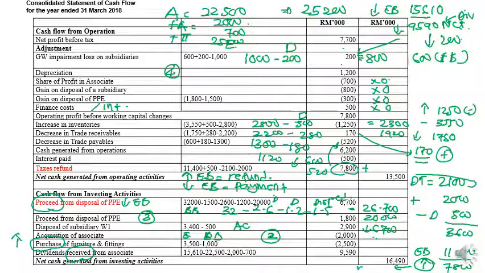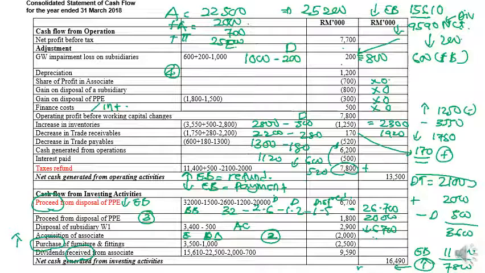Okay, so net profit before tax 7.7. Adjustments that you have here is goodwill impairment. We have to get this one, 600 plus 200 minus 100. Look at your goodwill here. If you look at your balance sheet, the beginning balance of goodwill is 1,000.